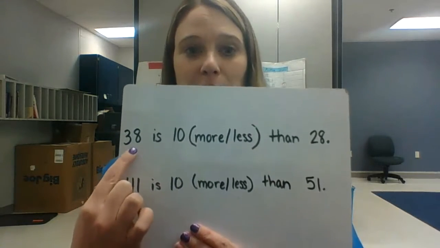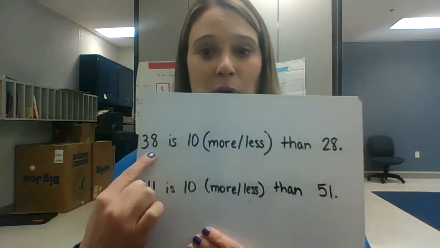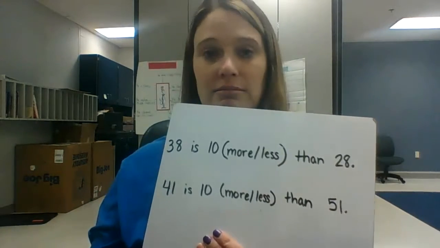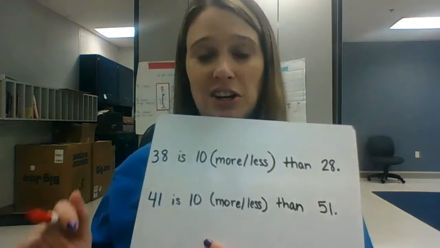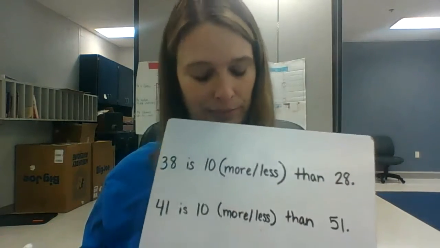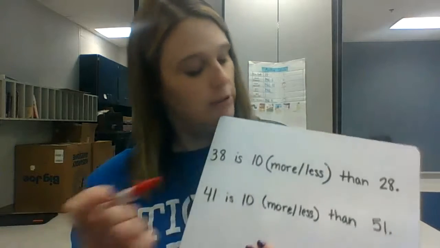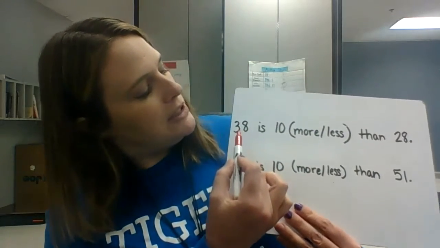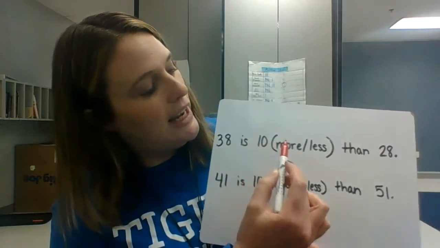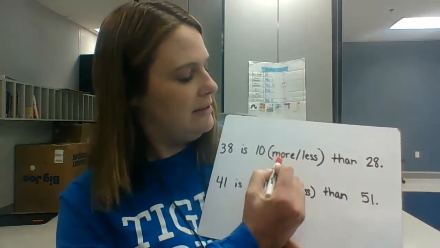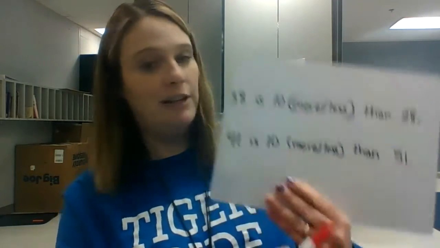I bet most of you know that 38 is more than 28. So if you're in Seesaw, you're going to take your writing tool. If you're using your workbook, a pencil. And we're going to say 38 is 10 more, right? Because 38 is more than 28. We're going to circle that word right there.